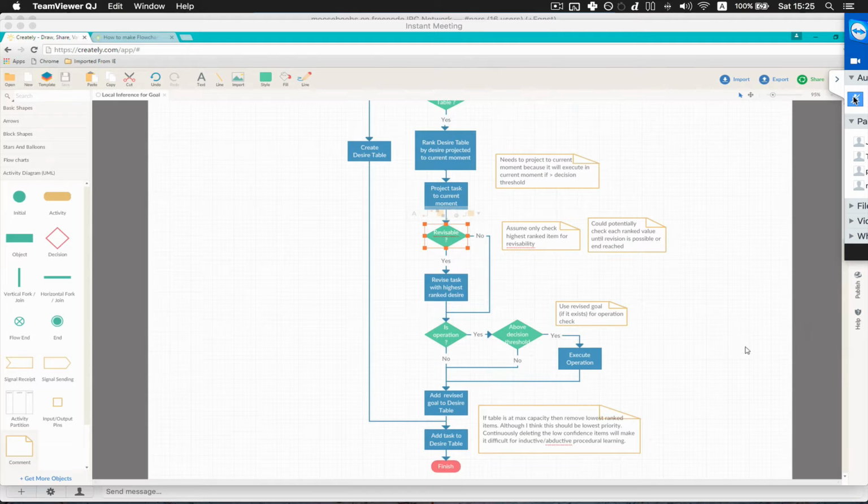Okay. And then the last point on this chart is a question about ranking and deletion. I'm not convinced that removing the lowest ranked item is the right solution to make space in a table. I think they should be removed based on priority.